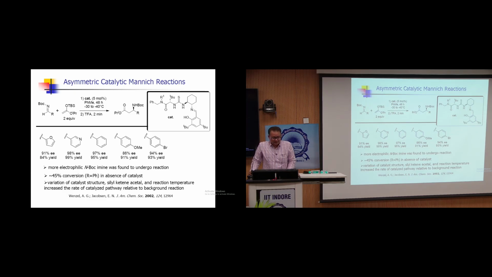Mannich reactions. Okay, this is another part where we generate beautiful C-C bond forming reactions. The more electrophilic N-Boc imine was found to undergo reaction. So it's not only the Michael reactions, not only the Diels-Alder reaction, but also in Mannich reactions, the Jacobsen group has made immense contributions using this type of catalyst. So please try to understand.